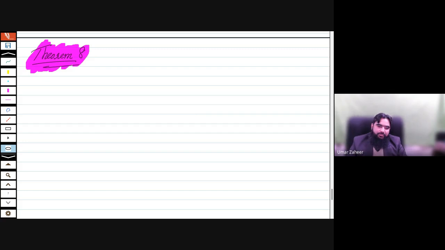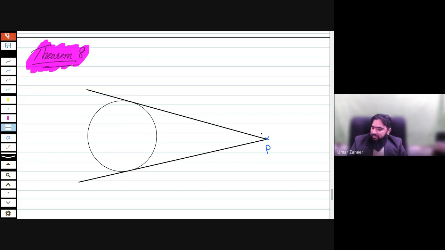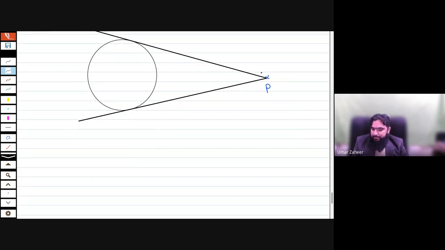The first point is, if you have a circle and there is any point outside the circle, that point can make a maximum of two tangents with the circle. You are not able to make more tangents from this point.